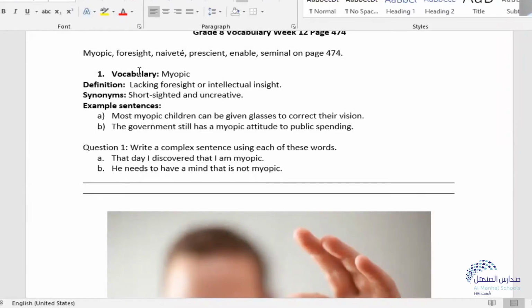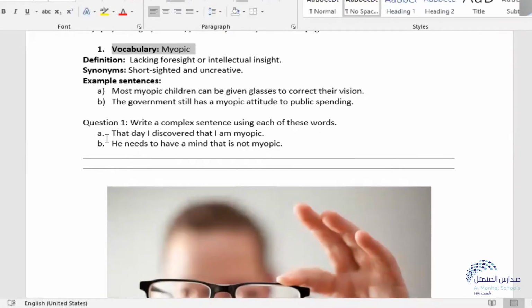Starting with the vocabulary, looking at the word myopic, the question here is: write a complex sentence using this word. Very simple question. And we look at some of the answers that the students gave in the classroom. The first answer, the student said, "That day I discovered that I am myopic."